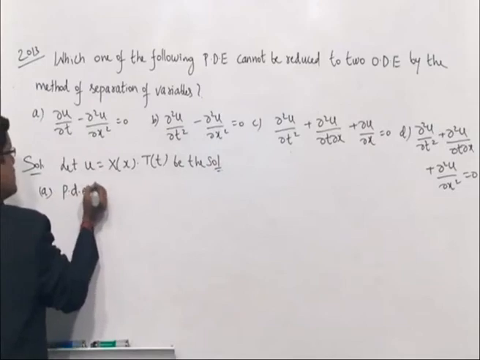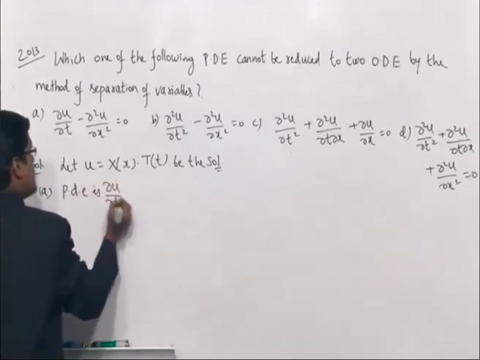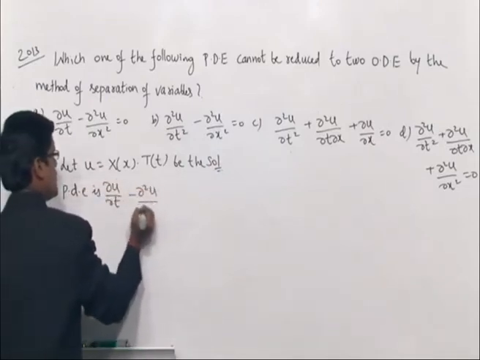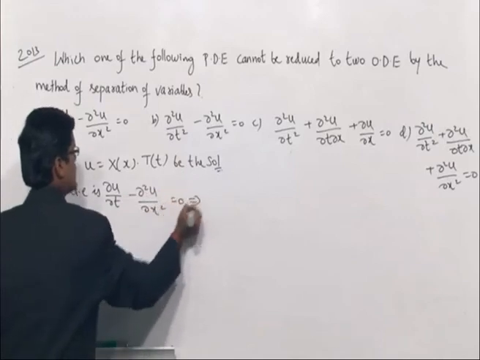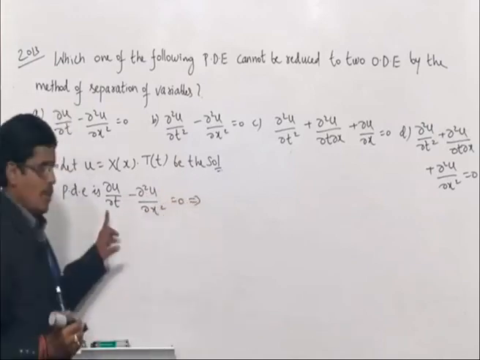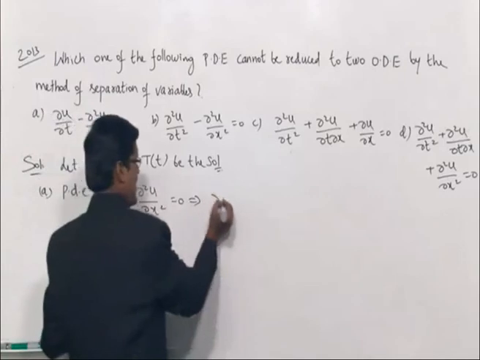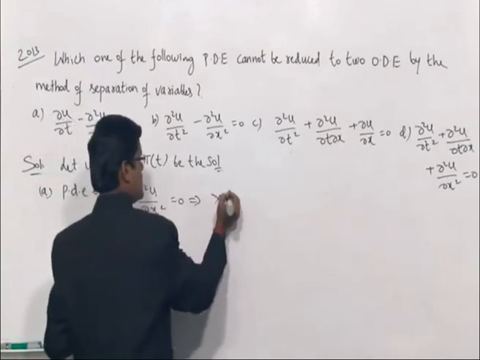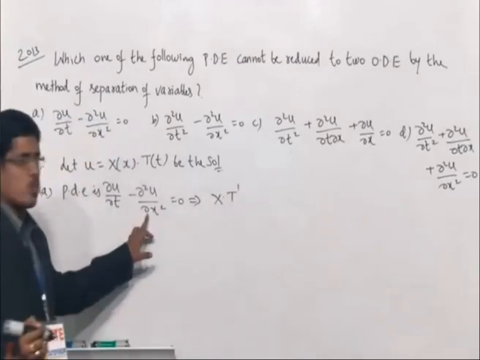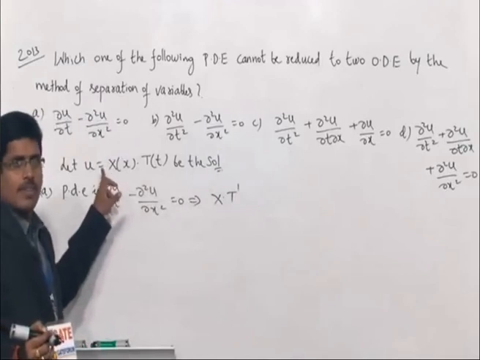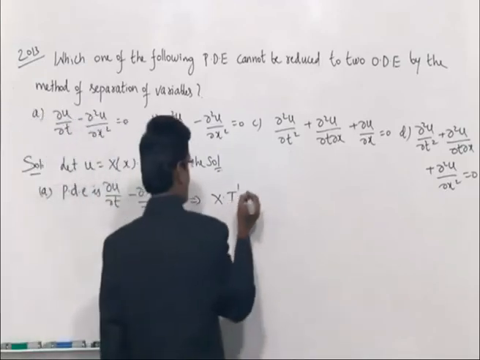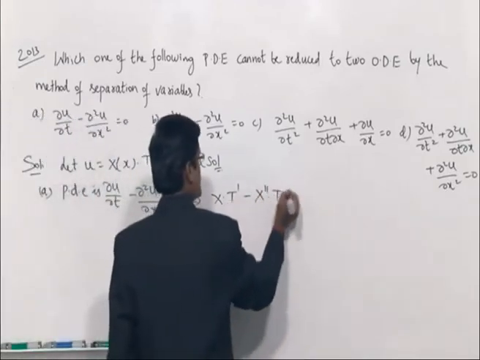the PDE is dou u by dou t minus dou square u by dou x square equal to 0. This reduces to, first of all, with respect to t, x constant, t derivative t dash. With respect to x, two times, I have shown you in the previous problem. Okay, minus x double dash into t is equal to 0.